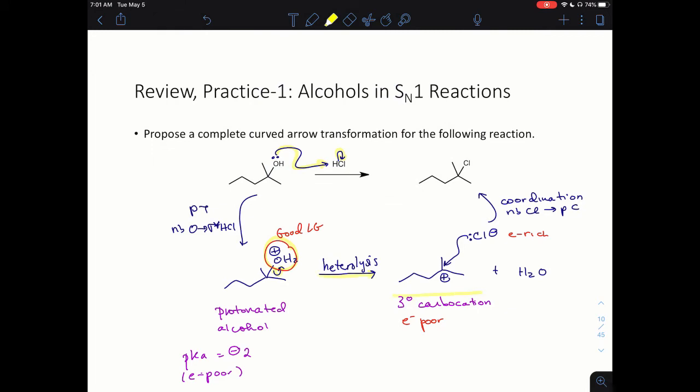We get a tertiary carbocation, which again, carbocations are high energy, they're electron poor, but this particular carbocation is tertiary, and so it's relatively stable for a carbocation. We see chloride, the electron-rich species here, trapping the carbocation in a coordination step to get the tertiary product.